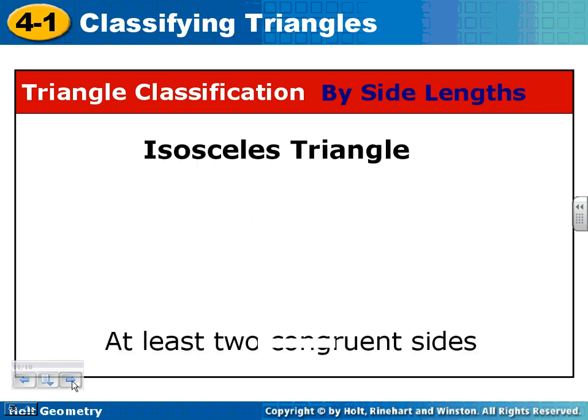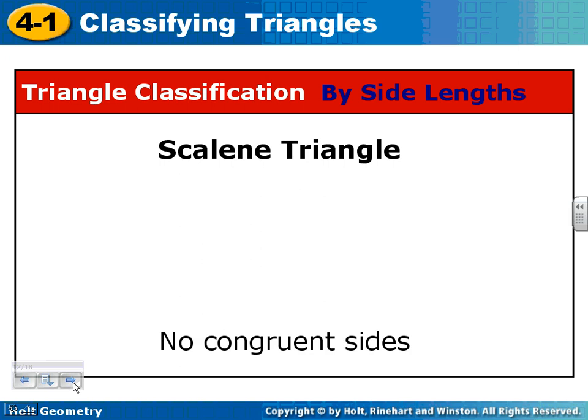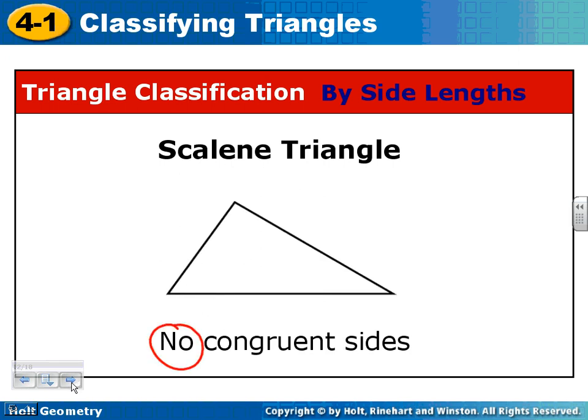The next one, isosceles. Isosceles is how that's pronounced. At least two congruent sides. So where equilateral is 3, this one, isosceles, is 2. One more vocab word, scalene. Scalene has no congruent sides.